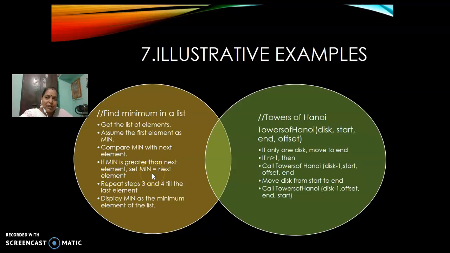Then we consider A of 2 as the next element, and we repeat steps 3 and 4 till the last element. Now A of 1 will be the minimum element. Then we check the next element, A of 2. If A of 2 is once again lesser than A of 1, we assign A of 2 to the minimum element.